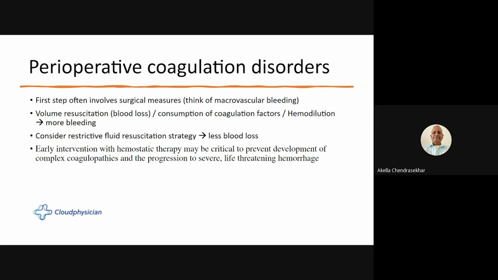You need to give FFP, you need to give cryo. And again, for the massive transfusion protocol, we have a thing in the radar. I put it there. So all you need to do is take the massive transfusion protocol checklist and go right down the checklist. Make sure they're not just giving packed red cells.